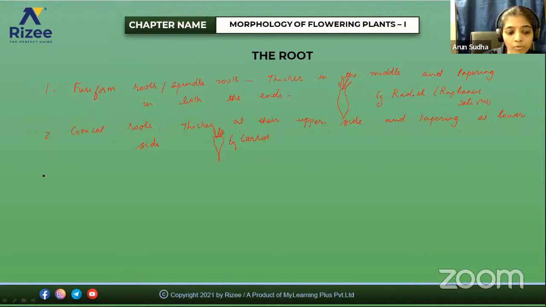The third form of root is napiform roots. Here the upper end will be swollen and spherical, and tapering at the lower end.